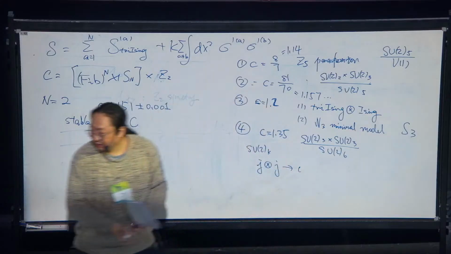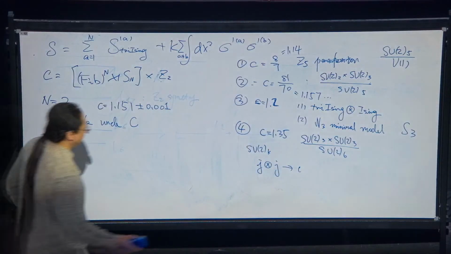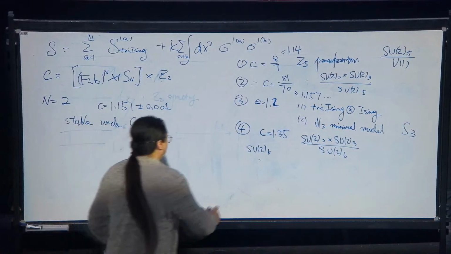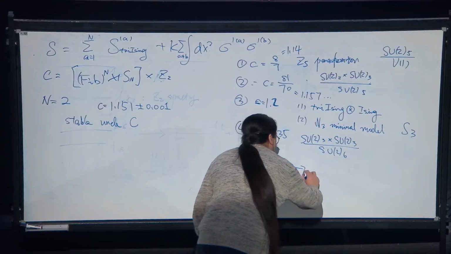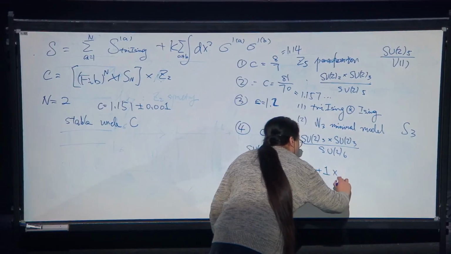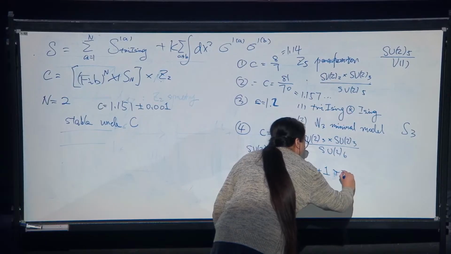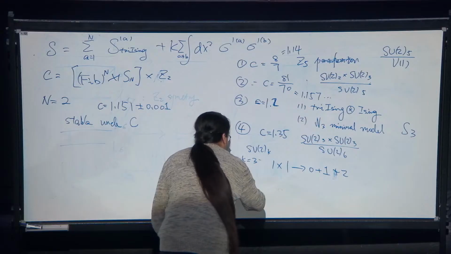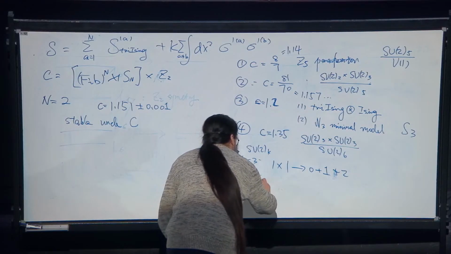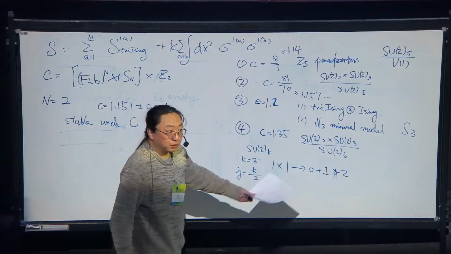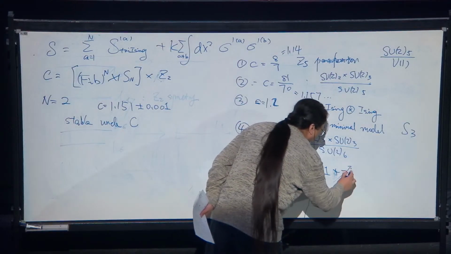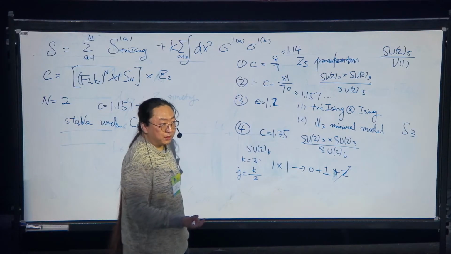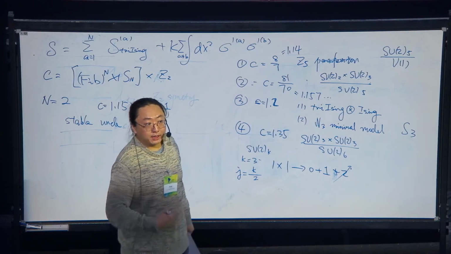To be specific to the j equal to 1 case, what you would get is 1 times 1 goes to 0 plus 1 plus 2. But when you have k equal to 3, j needs to be smaller or equal to k over 2. So the 2 cannot exist, so it disappears. So each of these gives you a Fibonacci. There's a Z2 permuting them, there's another Z2. So it does have the correct symmetry.